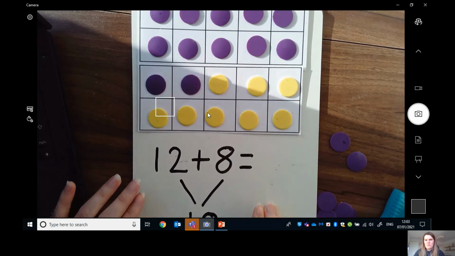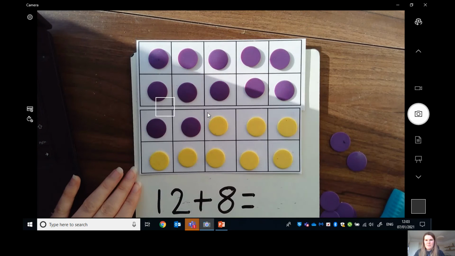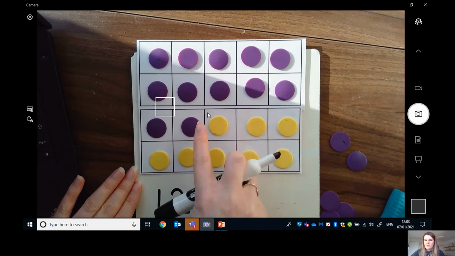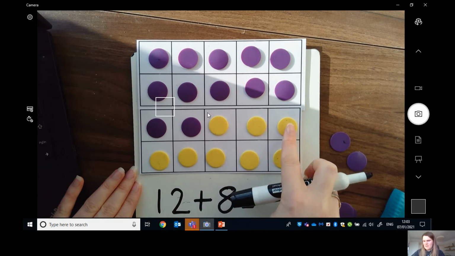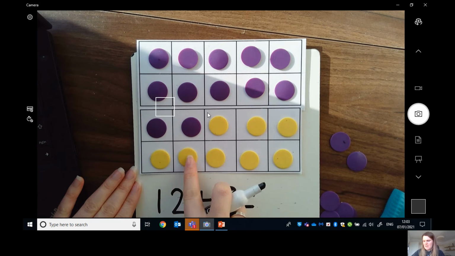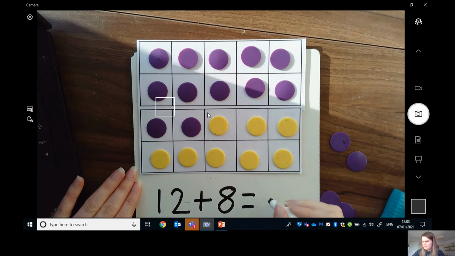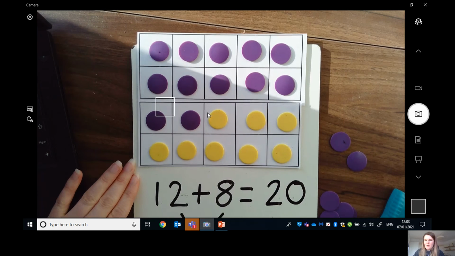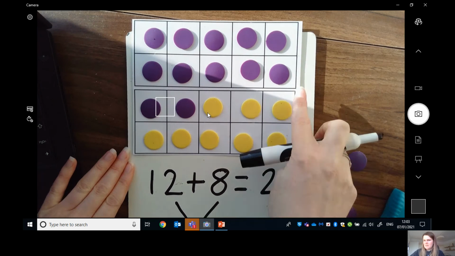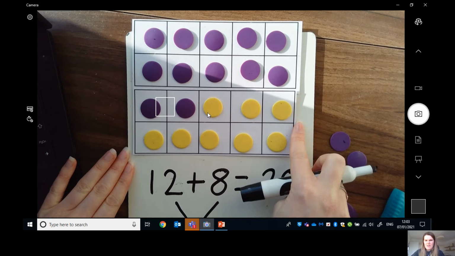When I bring my whole sum together, I've got 12, 13, 14, 15, 16, 17, 18, 19, 20. 12 plus 8 equals 20 because both of my 10 squares are complete.